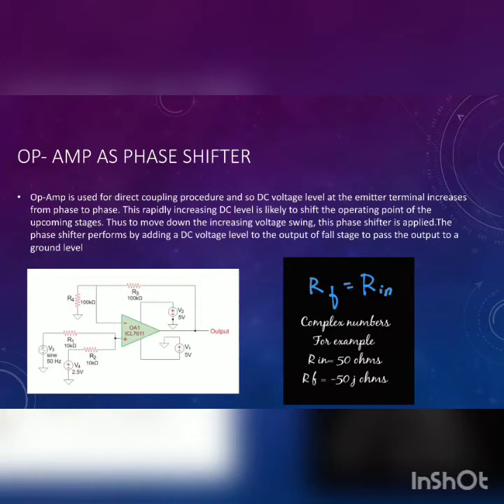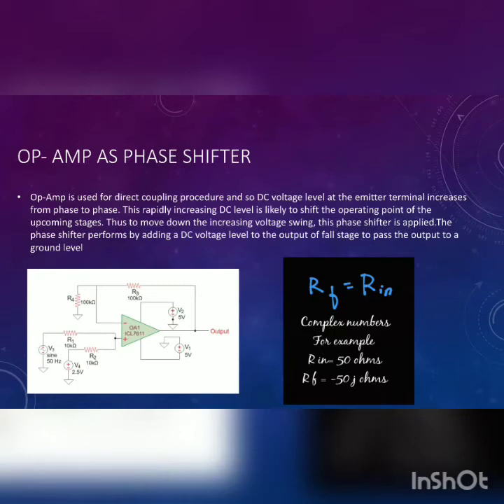If we look at the diagram, we can see how an op-amp works as a phase shifter. The input impedance and output impedance have to be equal, that is, they must have equal magnitude, but the phase would differ. This can be achieved by keeping the input impedance and output impedance to be complex numbers. For example, input impedance can be 50 ohms and output impedance can be minus 50j ohms.